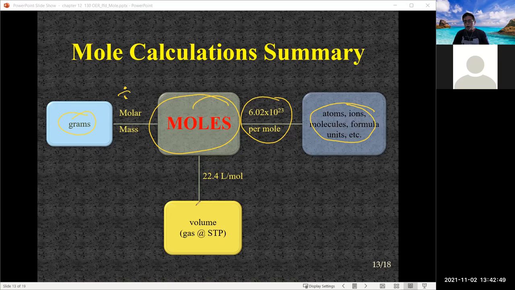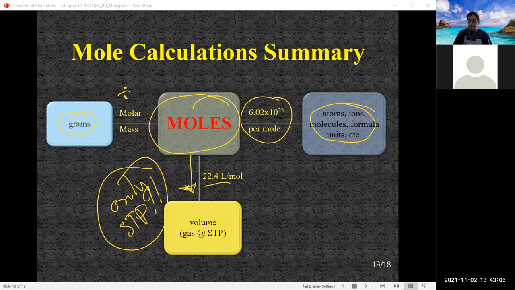And if you are at STP, and only at STP, that's important. Only at STP can I go down in this direction, and I can use that relationship of 22.4 liters per mole. So multiplying that by 22.4 gives you the volume of that gas at STP.